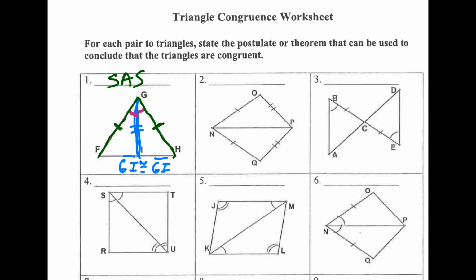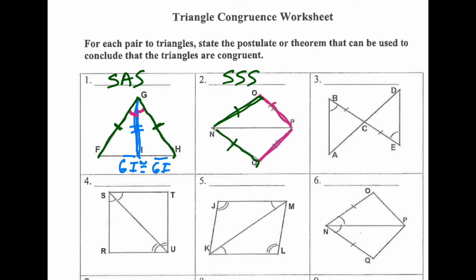Once again, notice we have a side, then we have an angle, and then we have a side. All right, so let's keep going with a couple that look maybe a little bit different. This next one is going to be side, side, side. So I have a pair of sides that are congruent. Okay, so that's the first thing I know. The second thing I know is that we have a second pair of sides.